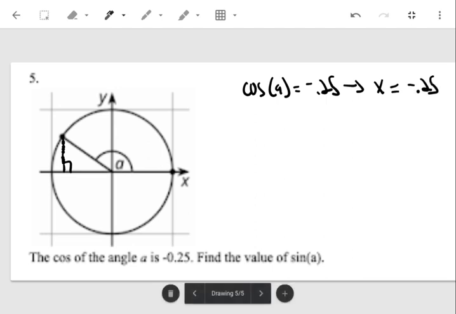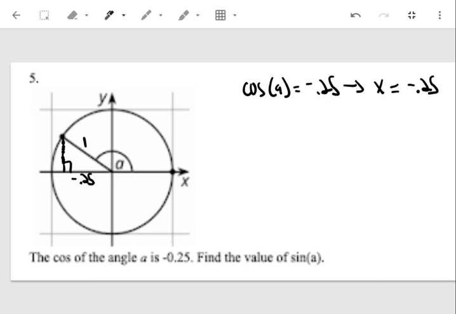On this triangle, since x is horizontal, the horizontal side is going to be negative 0.25.